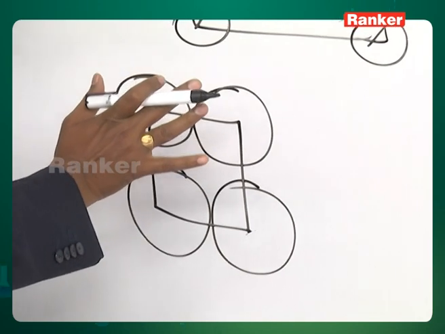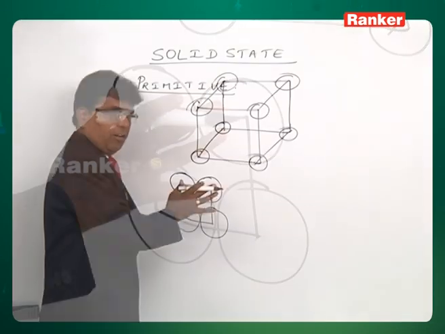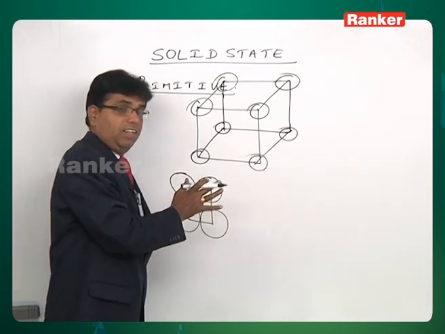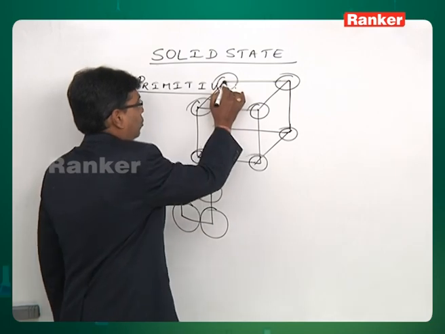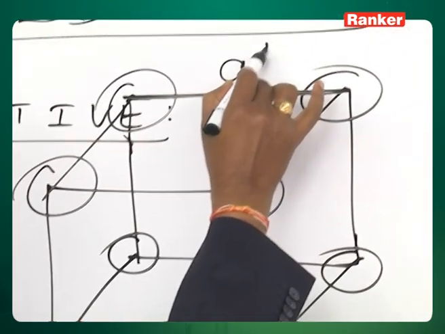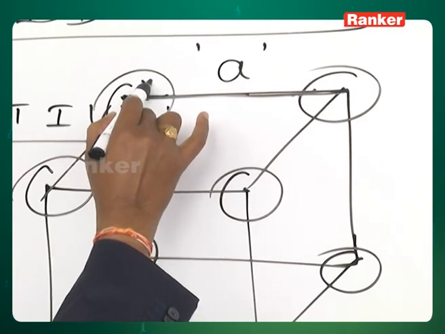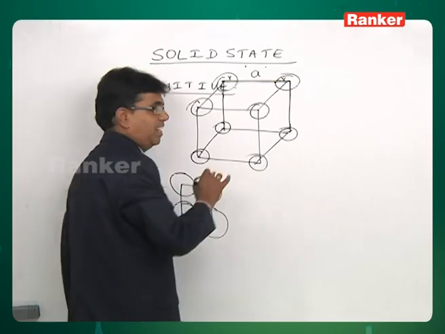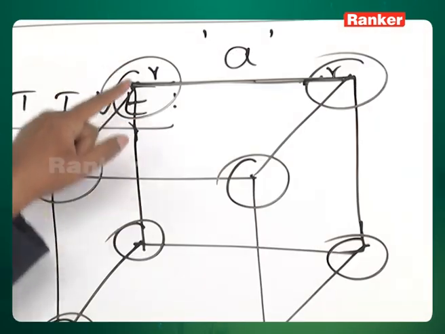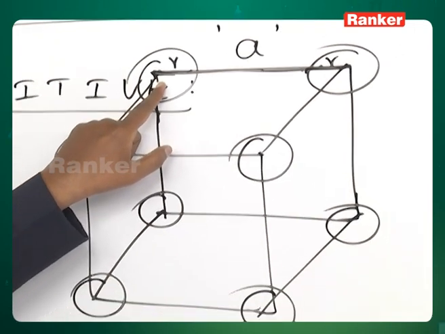Then the line joining the centers of 2 such atoms, vertically and horizontally, will give us the length of an edge of a cube. So what I mean to say is, if you consider this length as A, and this as R, the radius of the sphere, each atom or ion we are showing as one sphere, each sphere being an atom or a molecule or ion.